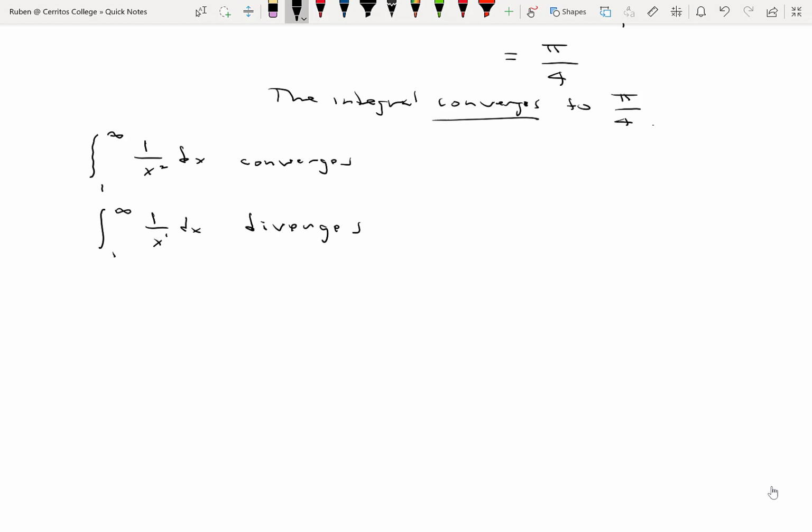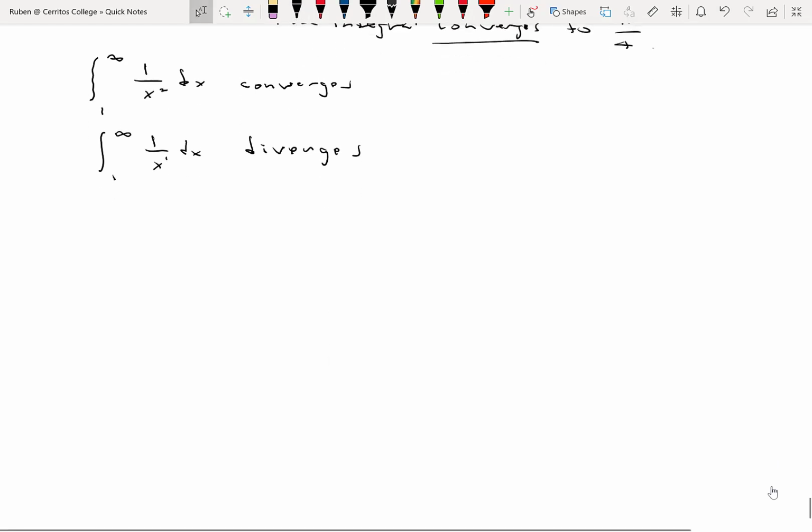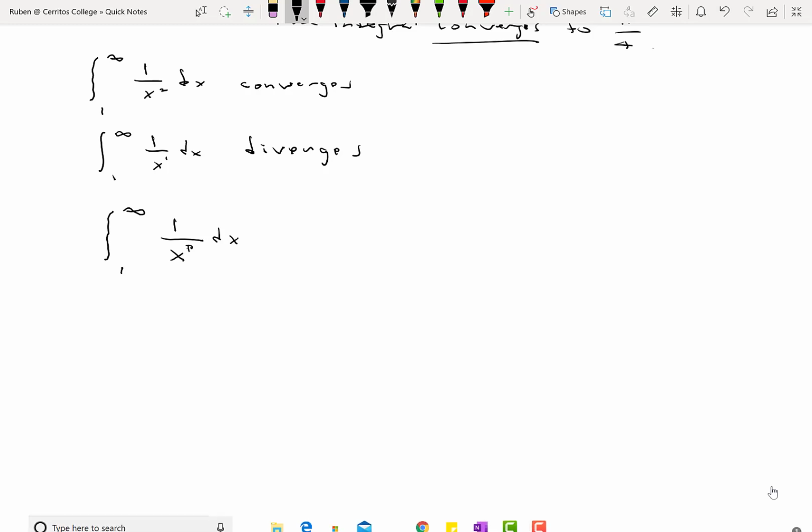These two integrals are very special types of integrals. They're both reciprocal powers of x. The most important integral, for our whole course really, is the integral from 1 to infinity of 1 over x to some unspecified power p. I'd like to know the values of this exponent p for which this integral converges.